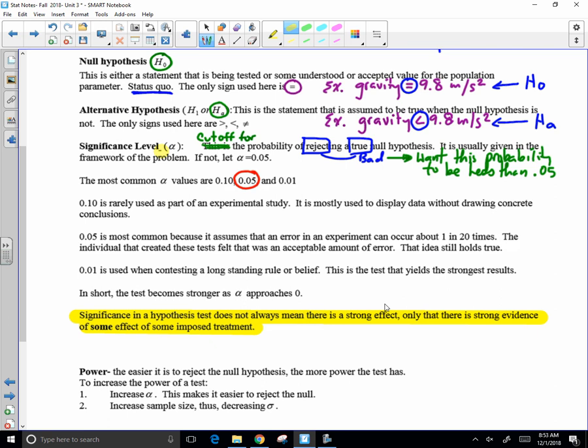Gravity could also be 1.28. Like, it could be drastically different. It could be a little bit different. It could be somewhere in the middle. It could be 9.79. That would technically prove a difference from 9.8. Right? So this whole process doesn't show us what kind of difference it is, just that there is a difference. All right. That's very important.